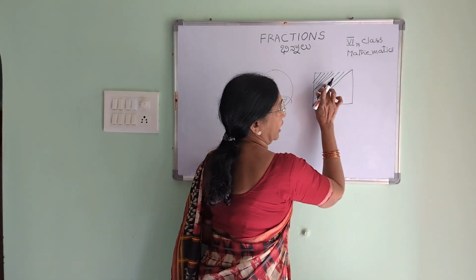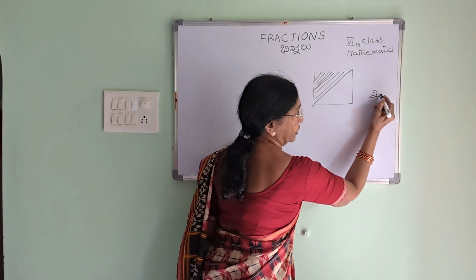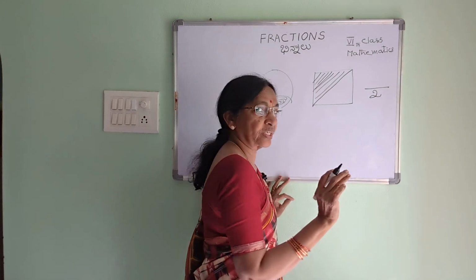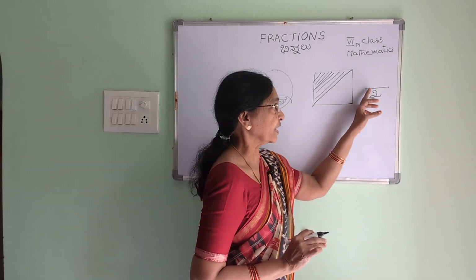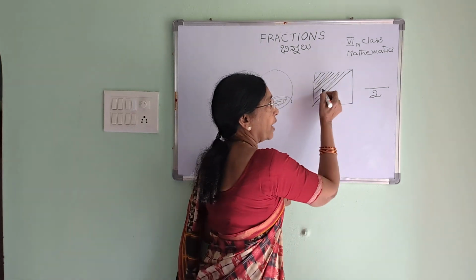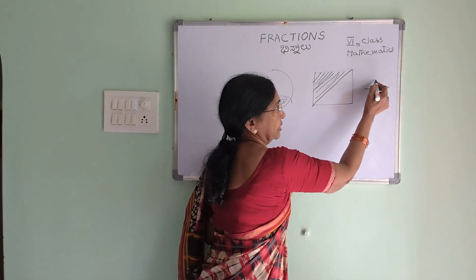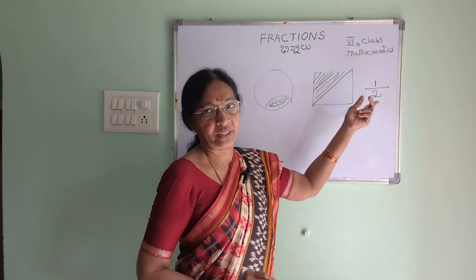Let us see. The square is made into 2 parts. Therefore, the whole parts into which a thing is made is written below a horizontal line. Then the number of parts considered is written above that line.